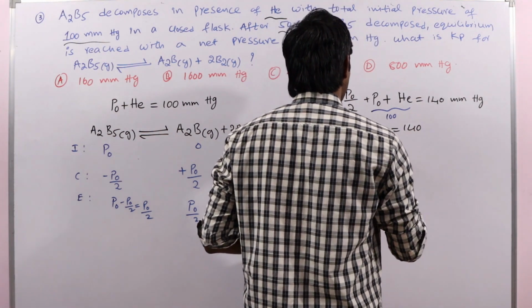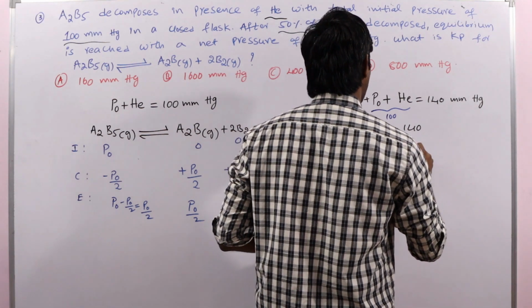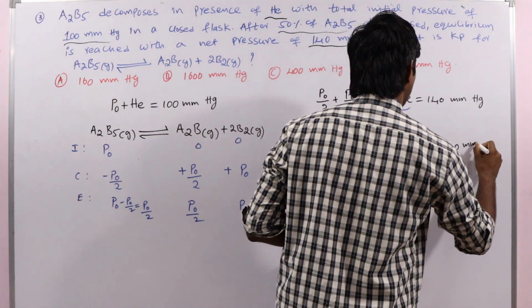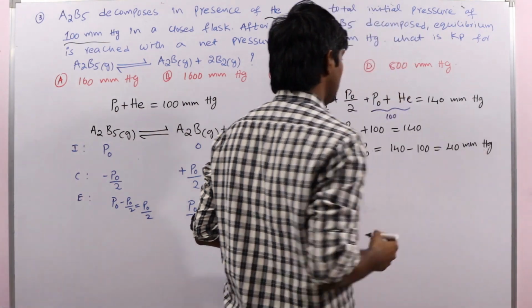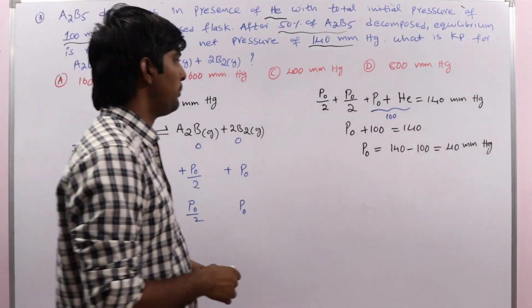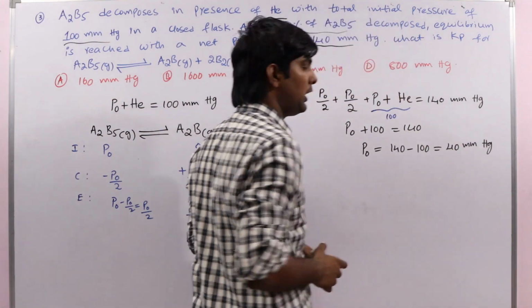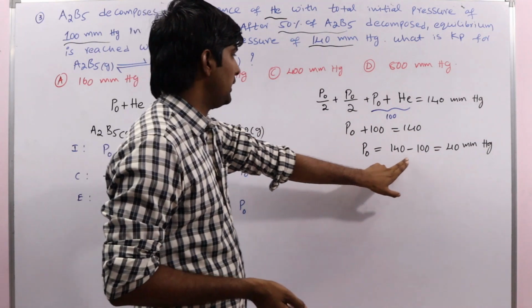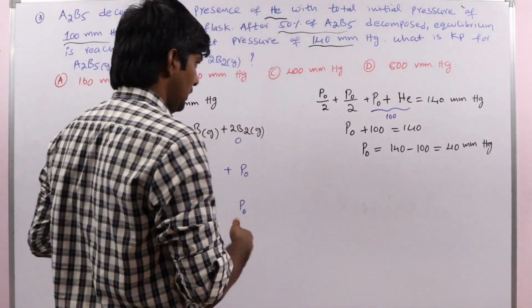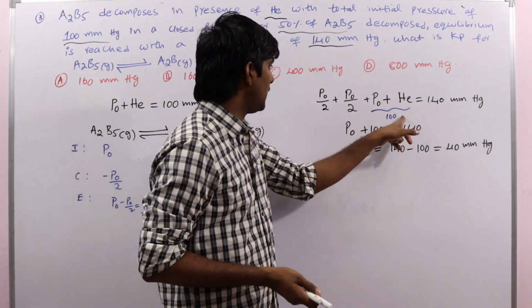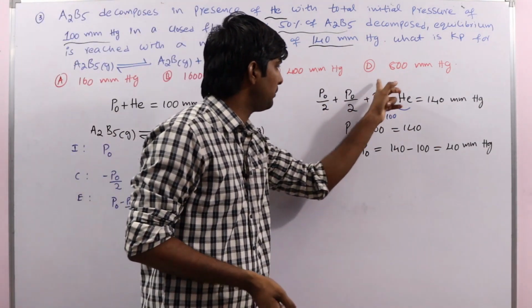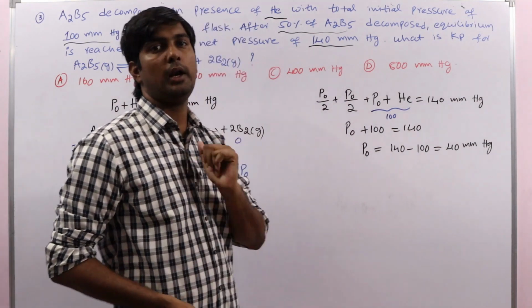From this, P naught is equal to 140 minus 100, that is equal to 40 mm Hg. So this is the P naught value, 40 mm Hg. Clear? Very important this one. We took P naught plus helium equal to 100 mm Hg, and in place of this we substituted 100.